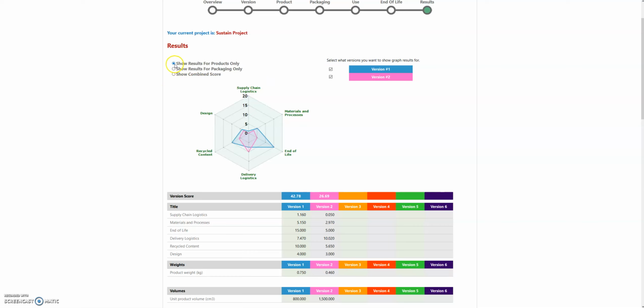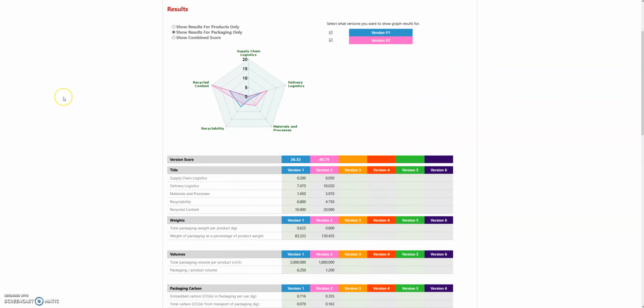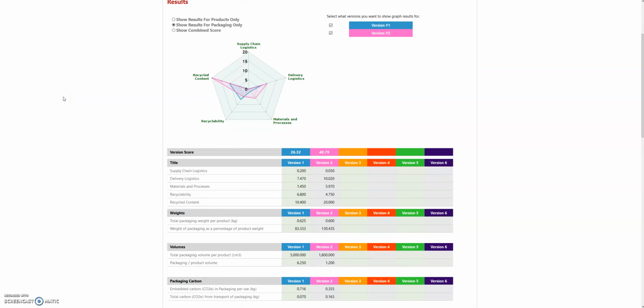As I say, we've got results for product only. We've also got results for packaging only. Packaging only looks at 5 different metrics, again on a 0 to 20 score. Some are similar to the product, as you see, recycled content, recyclability, materials and processes, etc. So these exist here again in the same way. You can turn the different versions on and off to allow you to see them.